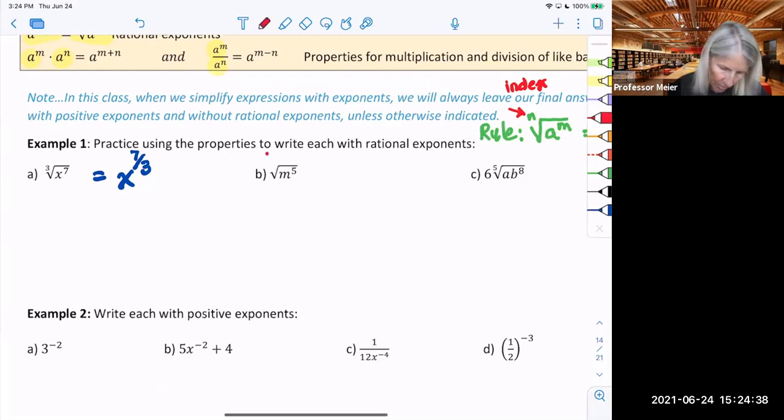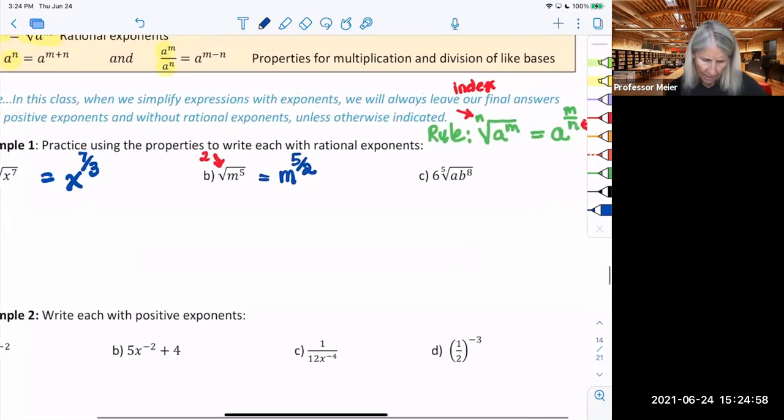So what you have to know is that when they don't put an index there, that means it's a square root. So there's really a 2 there. So when we write this, this would be the same as m to the 5 over the index 2, 5 halves power.